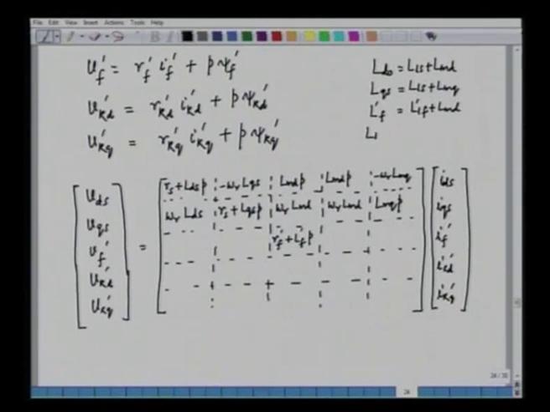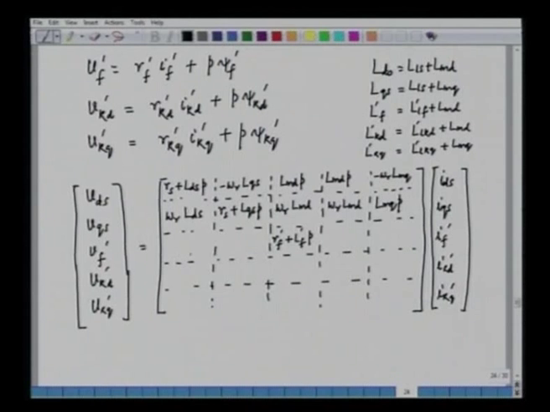Similarly, we can have LKD prime, that is the D axis damper inductance, that is equal to LLKD plus LMD, and LKQ prime is the Q axis damper inductance, that is equal to LLKQ plus LMQ.